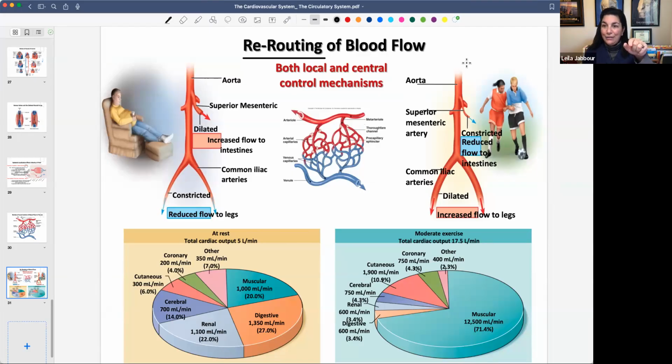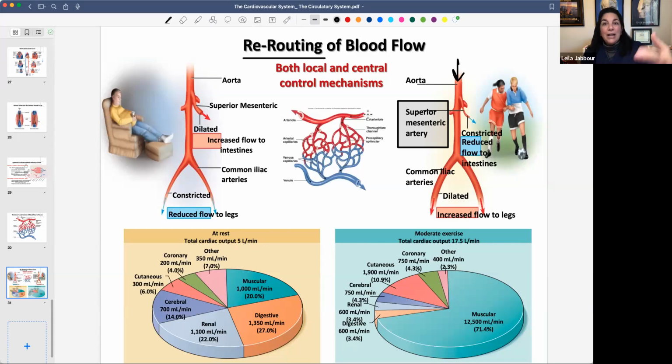So you have this blood flow that comes down from the aorta, and instead of allowing it to go to your digestive system, which would be out of the superior mesenteric artery, we saw the mesenteric artery is one of those arteries that branches off of the abdominal aorta.